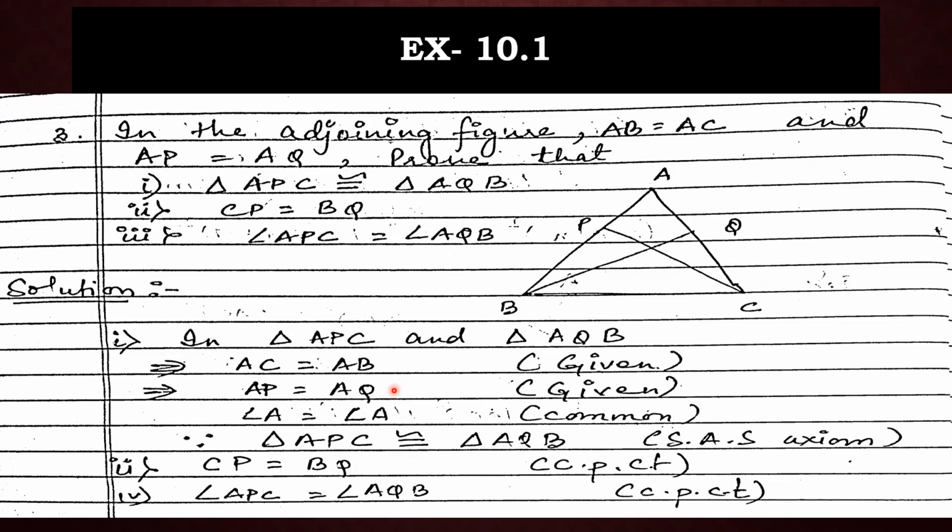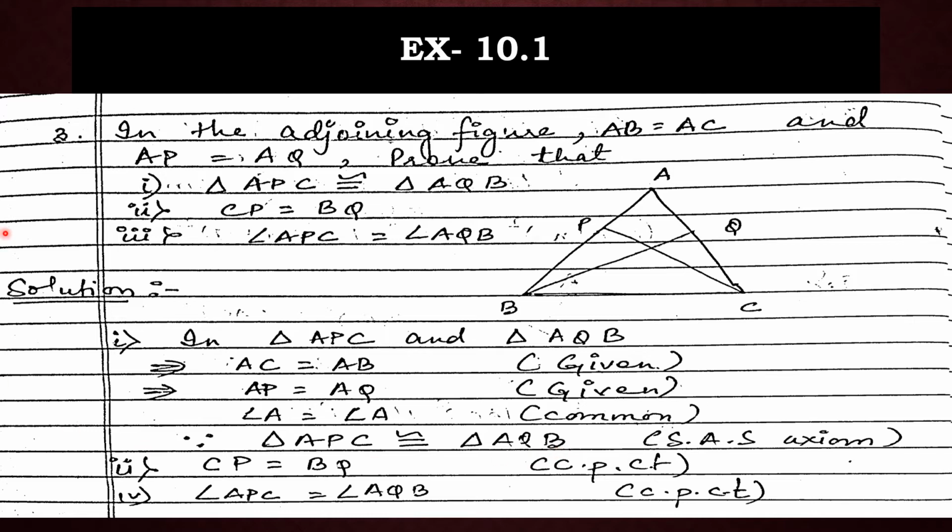So we have two respective sides equal and an angle equal, which we can also refer to as an included angle here. So by the SAS axiom, we can say that triangle APC is congruent to triangle AQB.